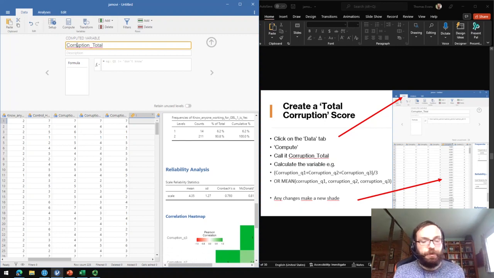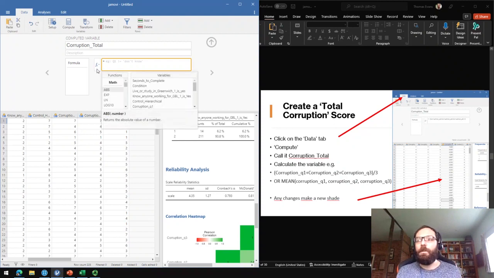So that's very clear, we're making a corruption total score. And then we can use a variety of different equations to calculate that. One of the easiest ways is if you click the FX formula box and scroll down in the functions, you'll be able to see mean.